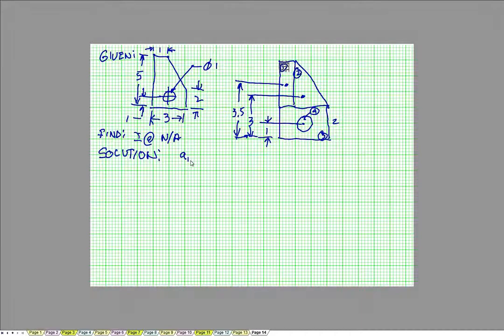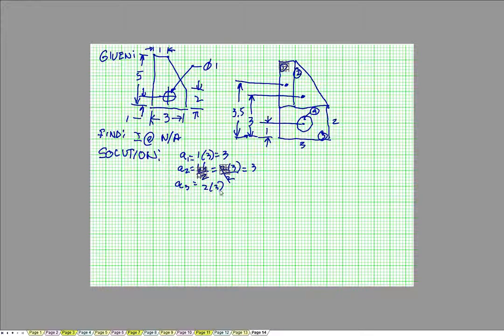Area 1, base times height, 1 times 3. Area 2, base times height over 2, right? And the base is 2, the height is 3, divided by 2, those drop out, that is 3. Area 3, it's a rectangle, 2 by 3.